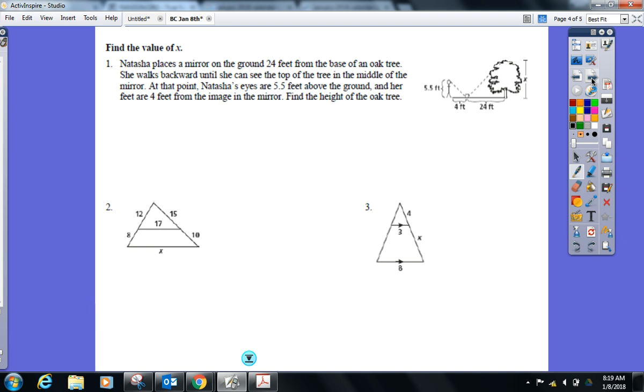She's going to walk backwards until she can see the top of the tree in the middle of the mirror. At that point, Natasha's eyes are 5.5 feet above the ground and her feet are 4 feet from the mirror. What's the height of the tree?